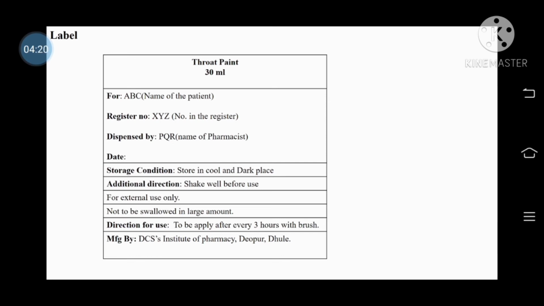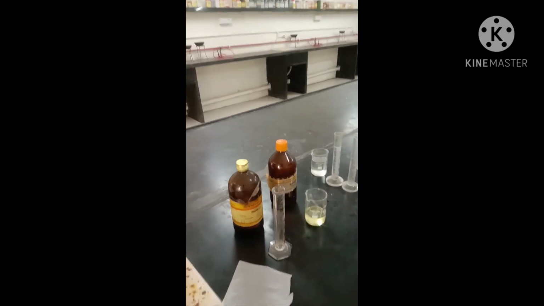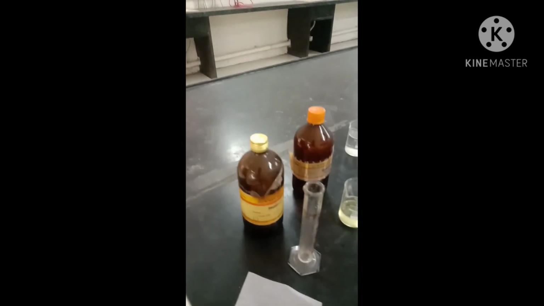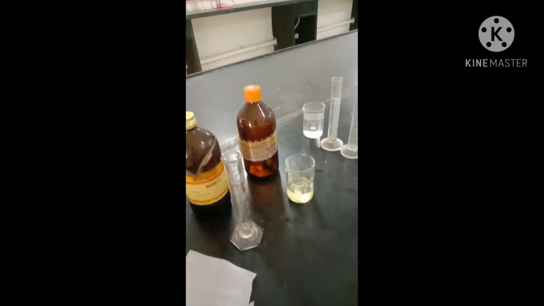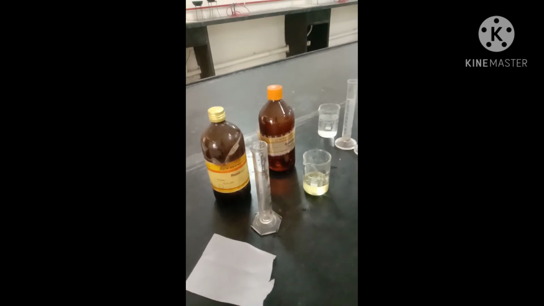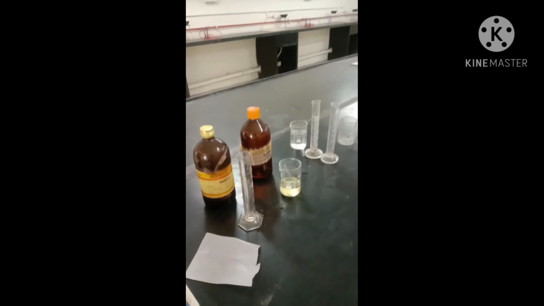Now going with the procedure of the throat paint. So let's start with the procedure. For throat paint, we require liquefied phenol and glycerin. We have already taken the liquefied phenol and glycerin.